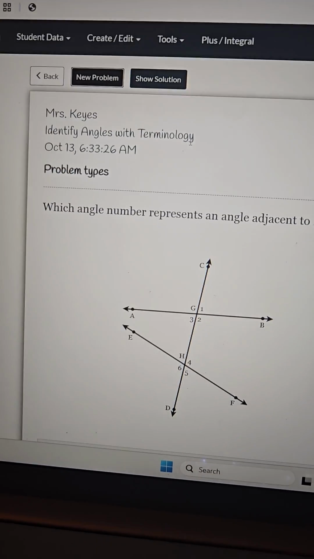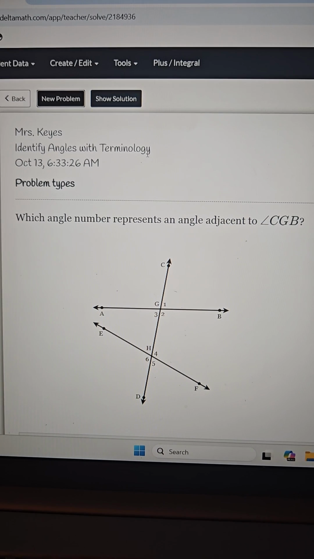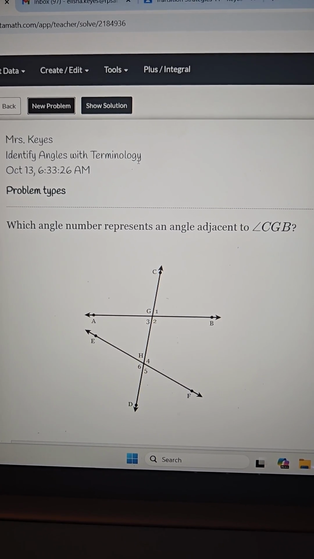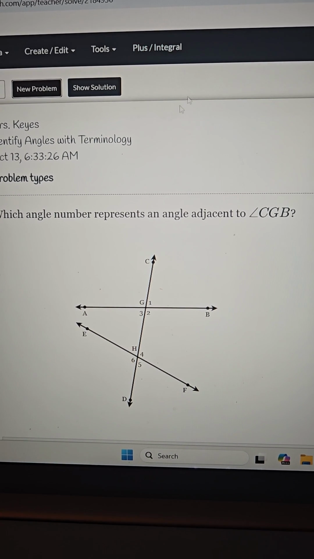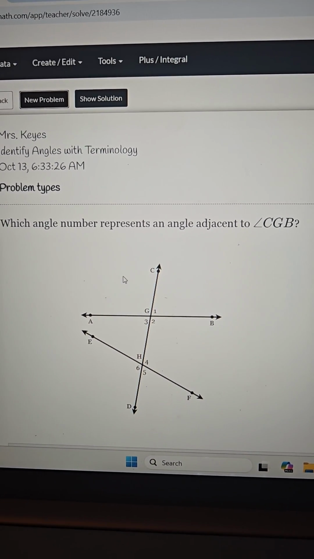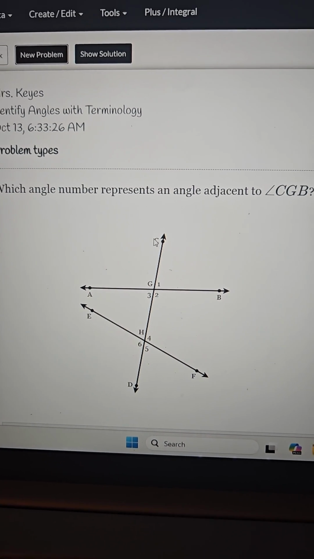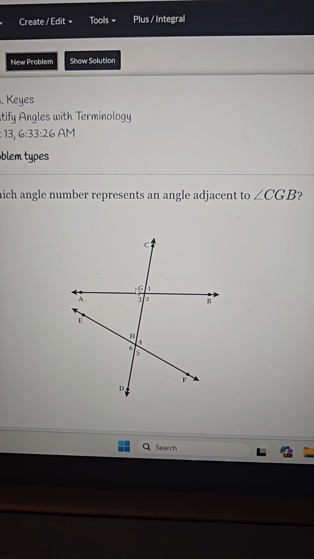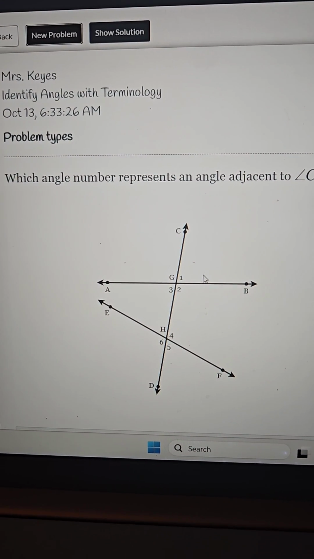Okay, we'll do another one. Okay, so which angle represents an angle adjacent to CGB? Remember, adjacent just means next to. And CGB, so it's angle 1, and it's just wanting one adjacent.